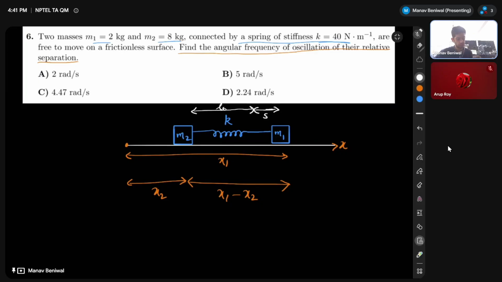So s plus L naught, the separation between the two blocks, is nothing but x1 minus x2. This stretching s we can then write as x1 minus x2 minus L naught.